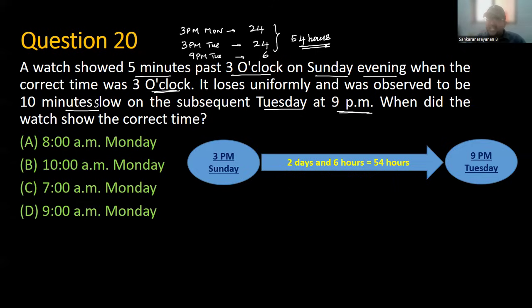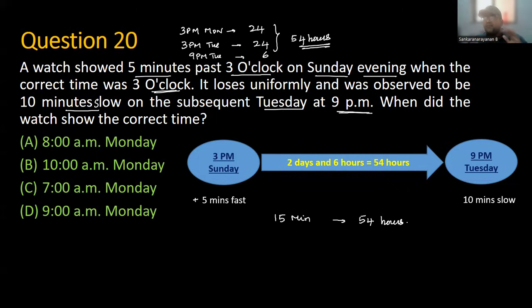Got it. Now please note what is happening in this 54 hours. The clock, which was originally 5 minutes fast, has now become 10 minutes slow. I can see that this particular clock has altogether lost 15 minutes in a span of 54 hours.